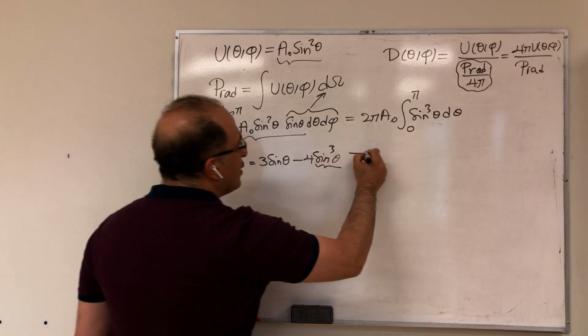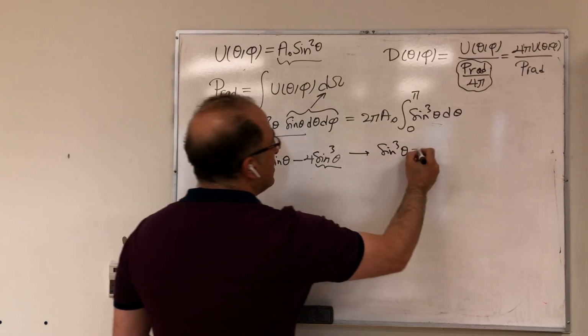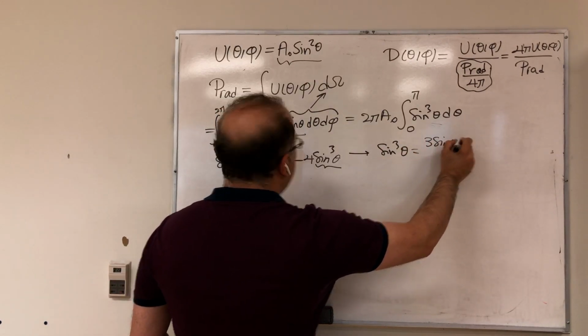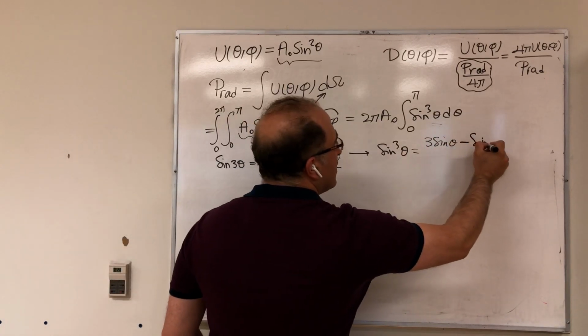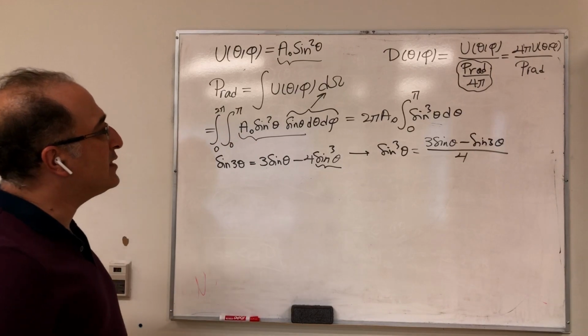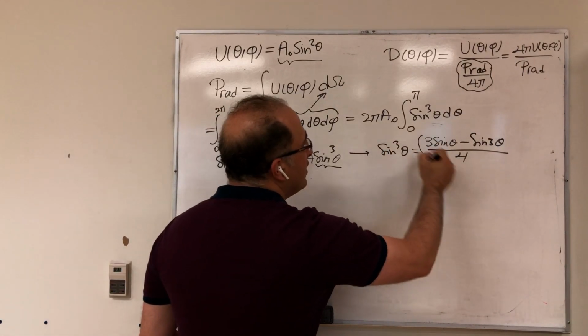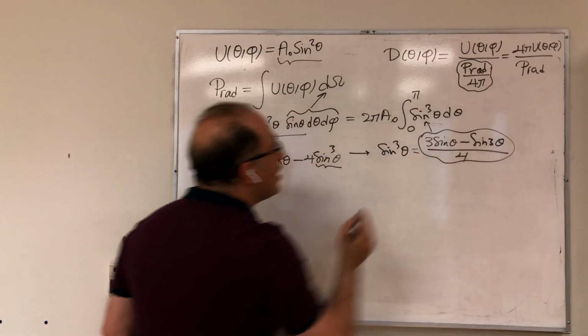So here we have sine cubed under the integrand. Therefore, sine cubed theta becomes 3 sine theta minus sine 3 theta, divided by 4. So this is our sine cubed theta. I'm going to substitute this instead of sine cubed.